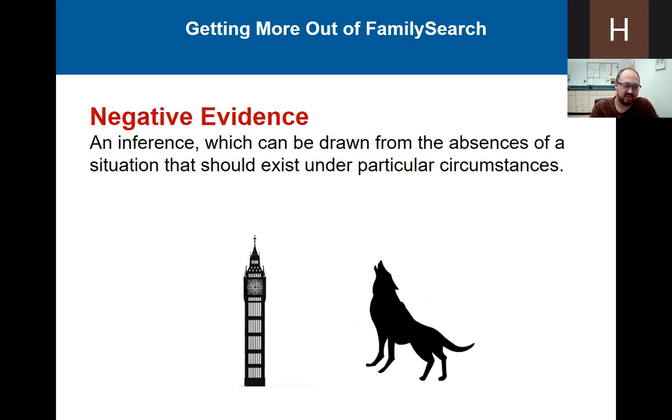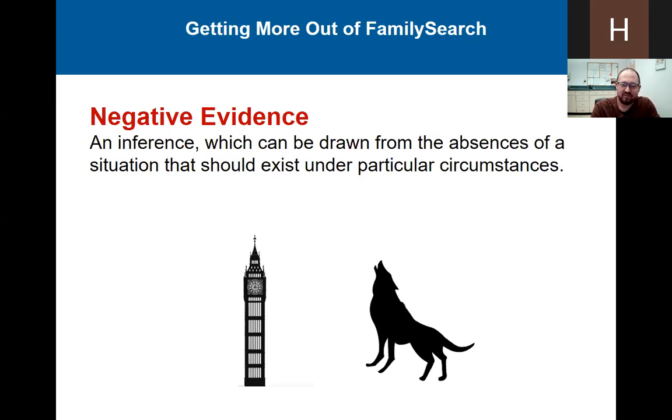A third type of evidence is negative evidence. And I come across this quite often when I'm using the FamilySearch database with our patrons. Negative evidence is drawing from the particular circumstances and looking for absences. Now that doesn't mean a lack of records. It means things that are missing.